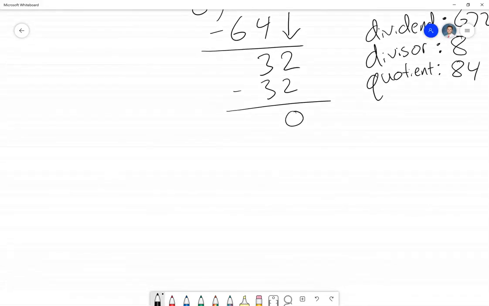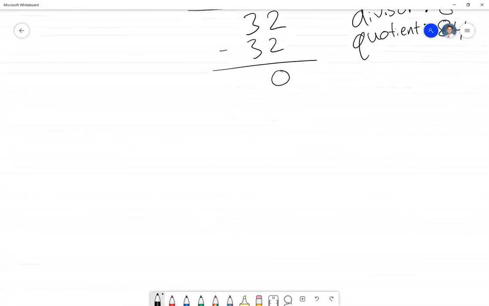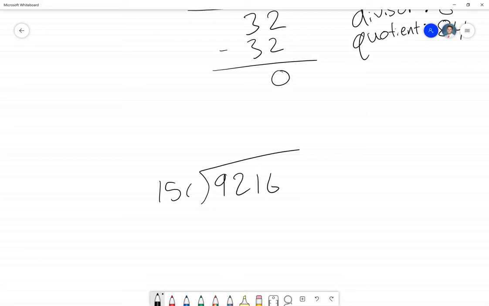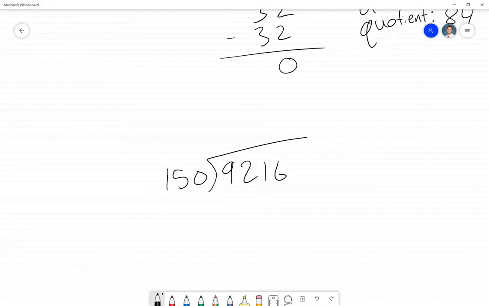Let's practice another one here. So now we're going to find the quotient of 9,216 and 150. So here we need to determine how many times 150 goes into 921. When we're working with larger divisors like 150, I like to work with estimates.